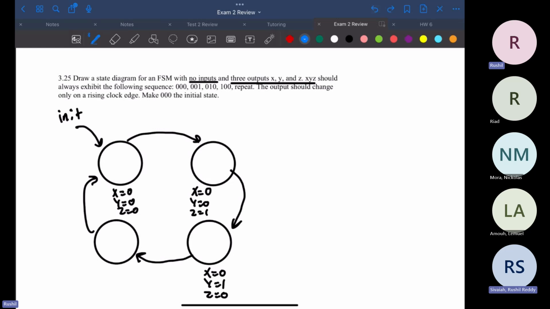What do you need in order to transition to the next state? Since here there are no inputs, there's nothing needed to transition. You only transition whenever you have a clock edge. The answer is Moore because our outputs aren't required in order to go to the next state.